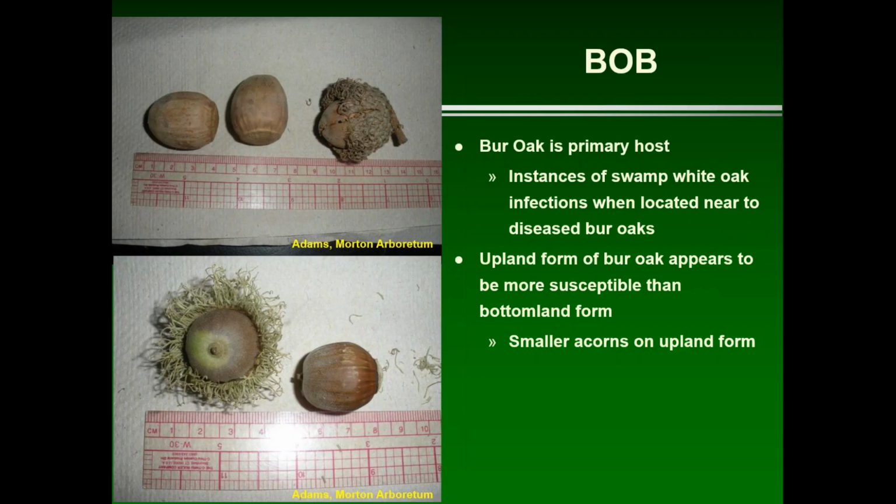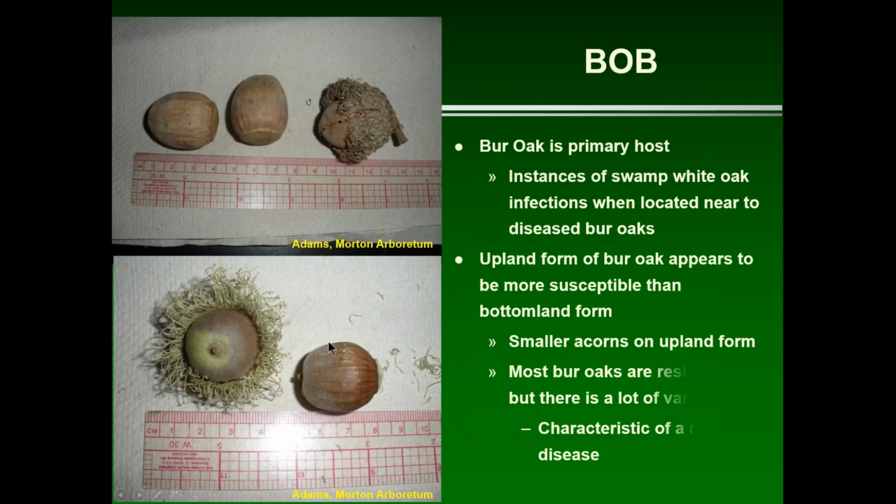The upland form of bur oak tends to have the smaller diameter acorn compared to the other form that we call the lowland form. The upland form seems to be more susceptible to Bob, and at least in the areas that I'm familiar with, the upland form tends to be the form of bur oak that is often found in the park systems as well as in some of the urban residential areas where bur oak is found.